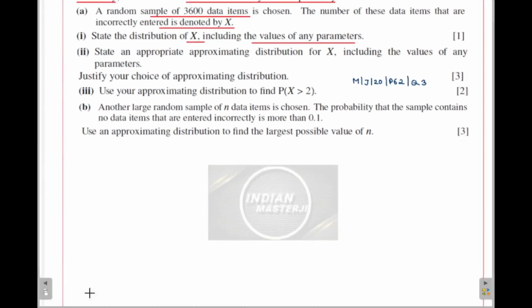So they have already given us that X is nothing but the number of data items which are entered incorrectly. So I'll rewrite this here.